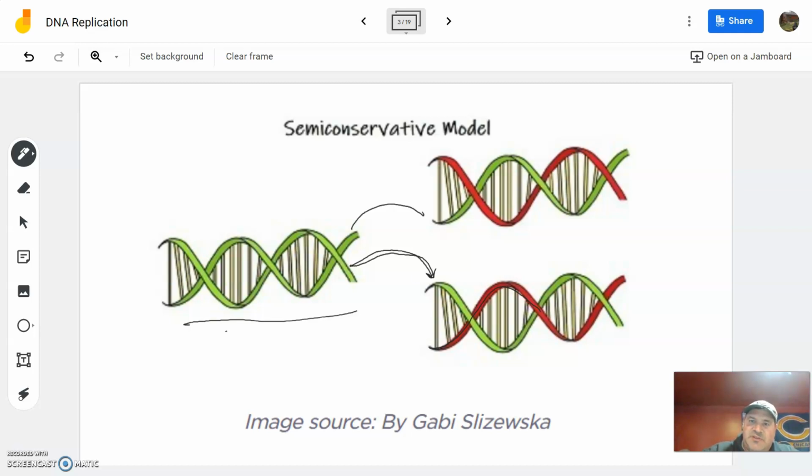The other side is used as a second template. And then you have new DNA that fills in on both sides. So whenever you make new DNA, one half of it is old DNA and one half of it is new DNA. So when you duplicate DNA, you save half of it. Semi-conservative, half saved. So that's the semi-conservative model, and that's how DNA replicates itself.